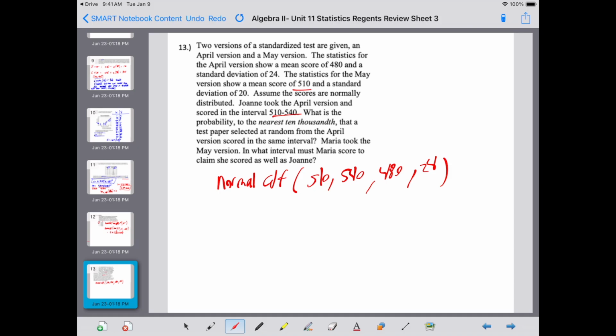So we put that in our calculators: second VARS, normal CDF, 510, 540, 480, 24. And we get 0.0994401591. So about 9%, so near 10,000, so 10th, 100th, 1,000th, 10,000.